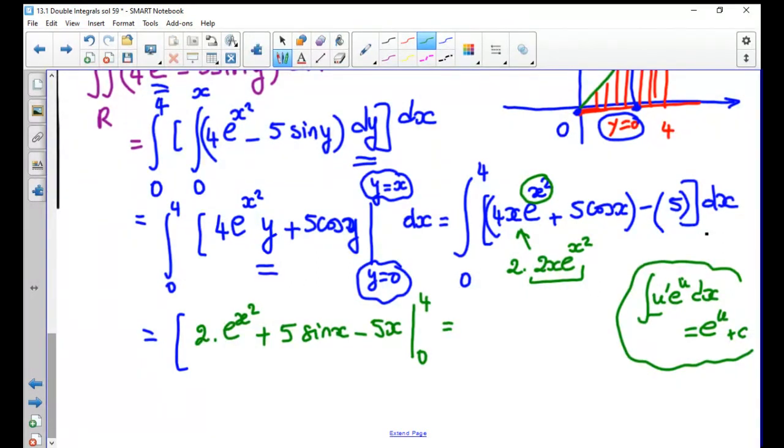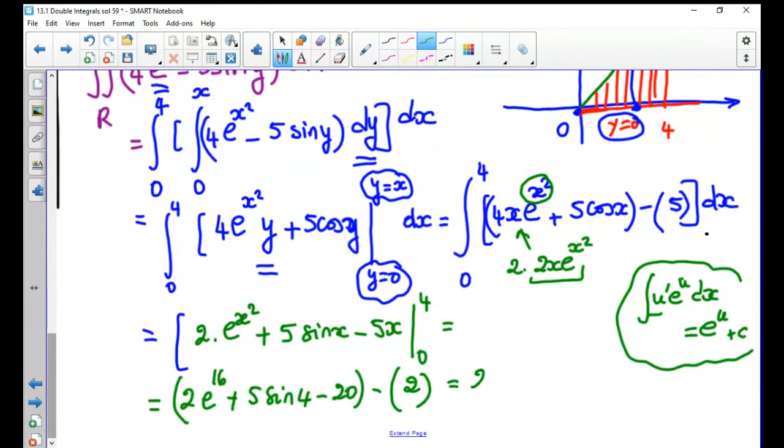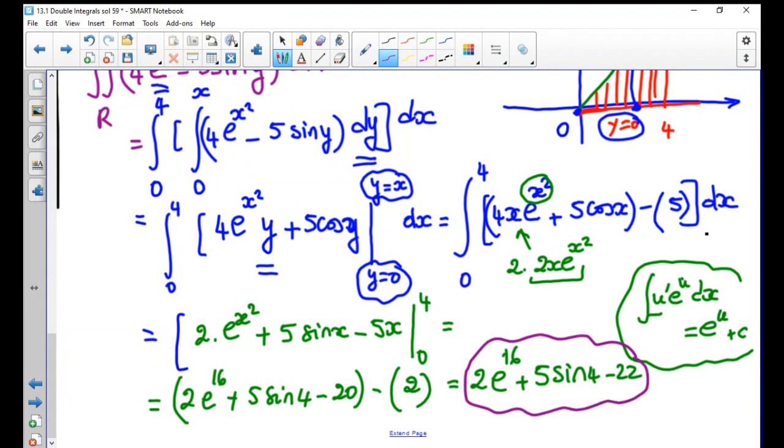Now substitute: 2 times e to the power of 16, plus 5 sine 4, minus 20, minus what we get when we substitute 0, which is only the first term, 2. The rest are zeros. So we get 2e^16 plus 5 sine 4 minus 22. That is the final answer.